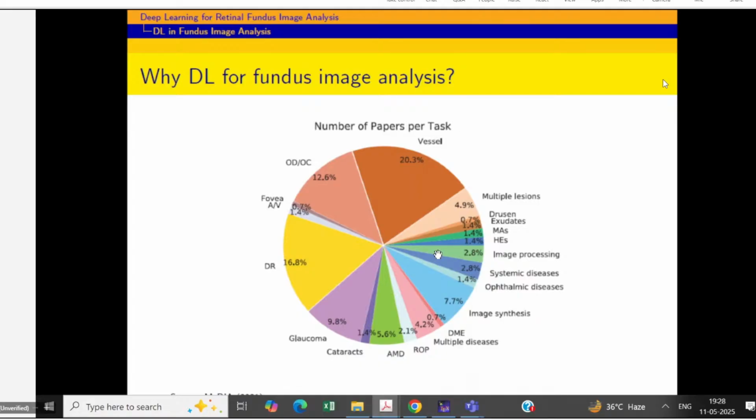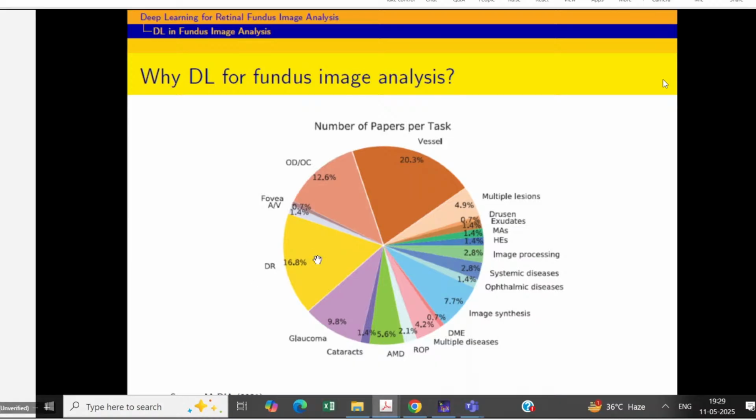There is a possibility that one patient may have multiple eye conditions at a time, which is very difficult, because if you design a model dedicated to diabetic retinopathy detection, it cannot help you in detecting glaucoma, because it is specifically designed for diabetic retinopathy.